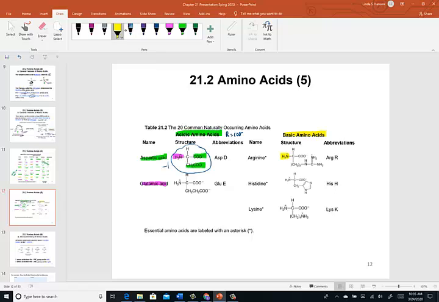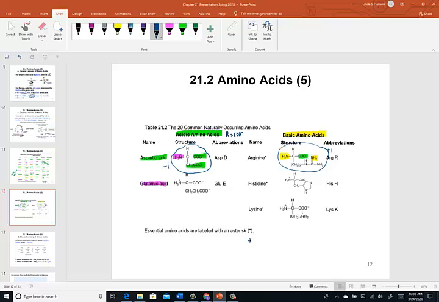I have an amine that's a +1, another amine that's a +1, and one and only one COO negative, telling me that I have a net charge of +1 at a pH of around 7. And that's a range depending on where this Zwitter ion is located. Here's histidine, and finally lysine. Those are the 3 basic amino acids.